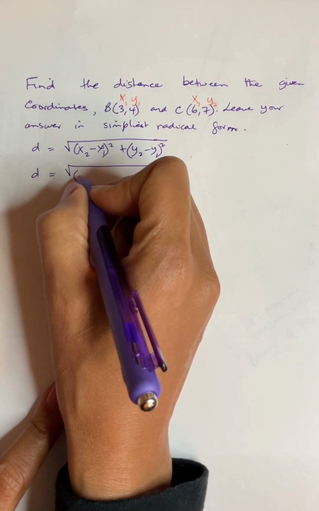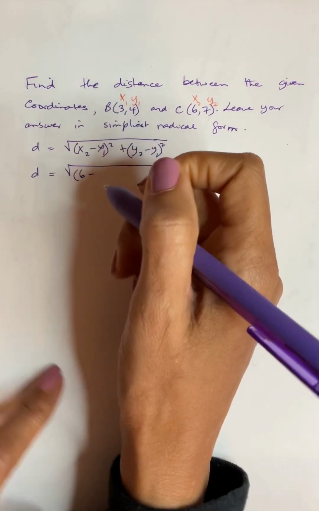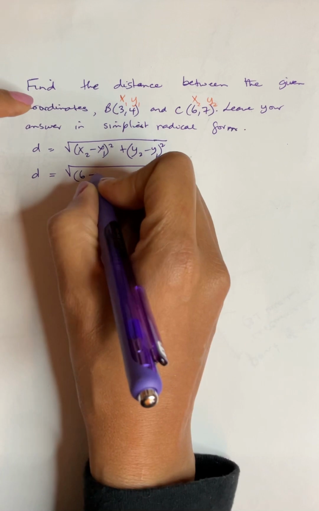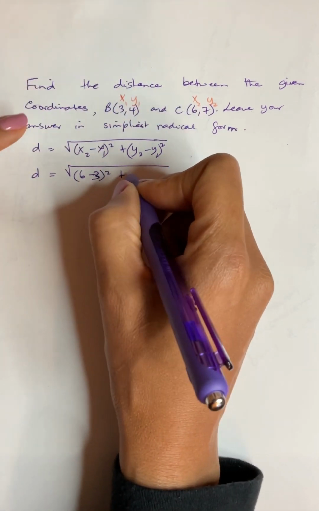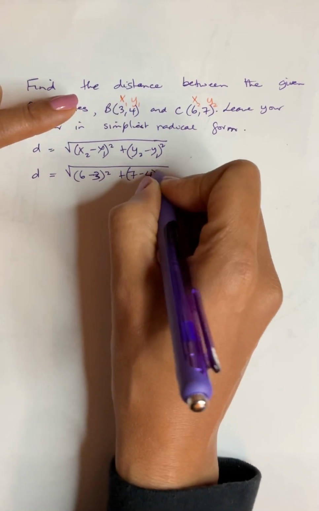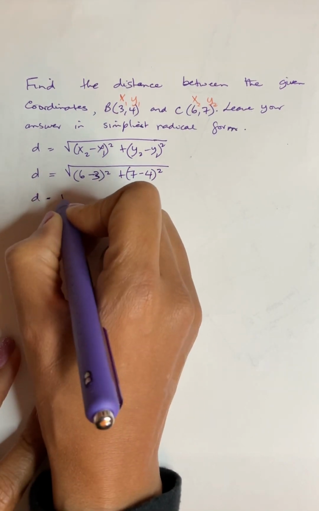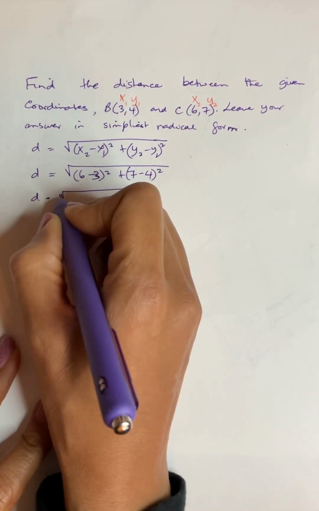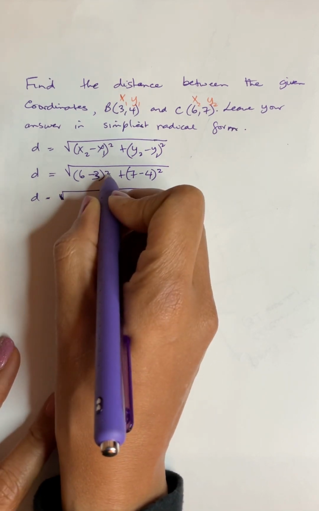So x2 is 6 minus x1, which is 3, raised to the second power, plus y2, which is 7 minus 4, which is also raised to the second power. Then you are going to do order of operations, which is doing what is in the parentheses first before you do the exponent.